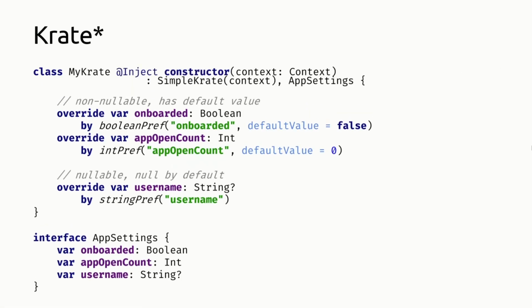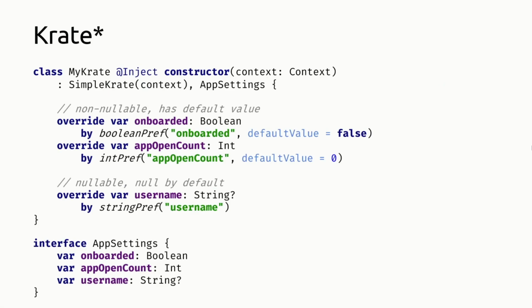And from here, you can make the Krate object injectable. You are probably already providing a context somewhere in your DI setup, and you can bind the concrete Krate class as the implementation of this interface. So whenever you need to access these properties, you can inject the interface type and read and write all of them through that interface and not even have to think about how this is implemented under the hood.